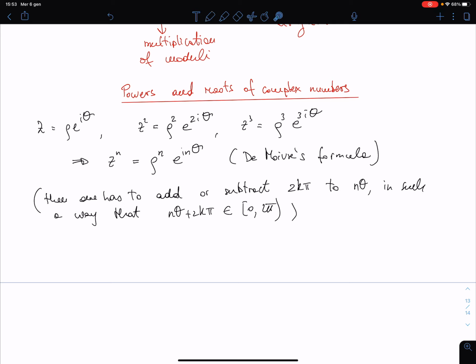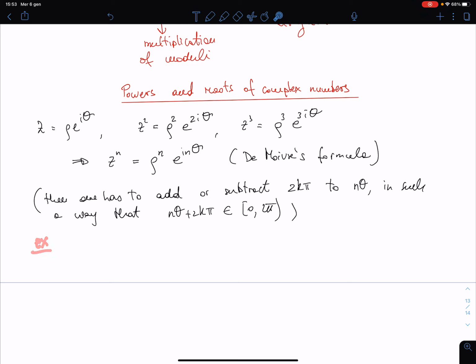Okay, it doesn't change anything, but just that the argument by definition must belong to some predefined interval whose size is exactly 2 pi. But let me give you an example of all of this.